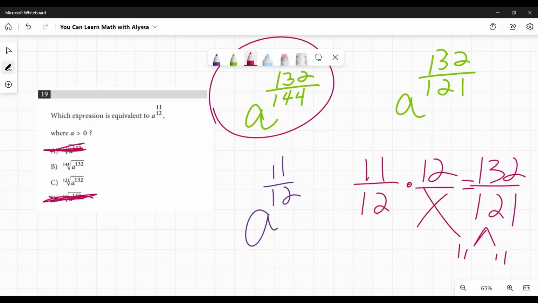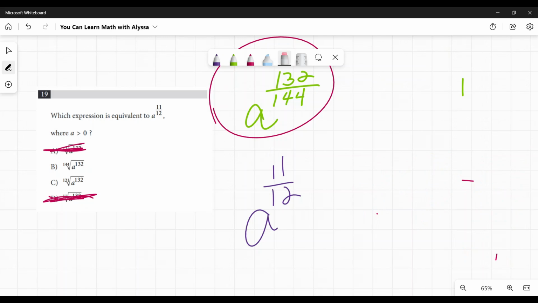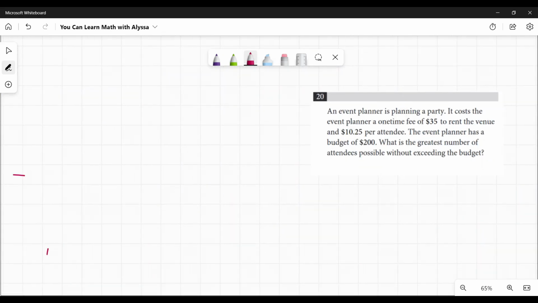So there's no whole number that I can multiply by, and it's certainly not 12. So that confirms it. That answer is out. That is not my answer A. The 132 over 144, which we got from B, is my answer. Yeah, that's a strange question.